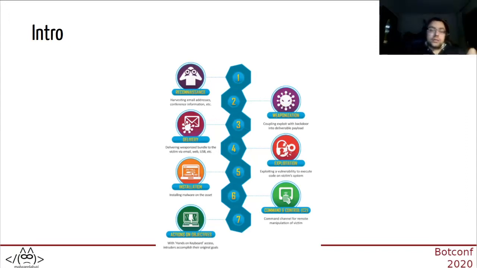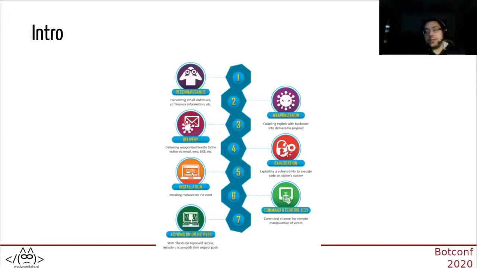Reconnaissance will be gathering information about targets, what software they're using, maybe names of documents being passed around, stuff like that. So whatever gives you enough information to successfully influence your delivery method.